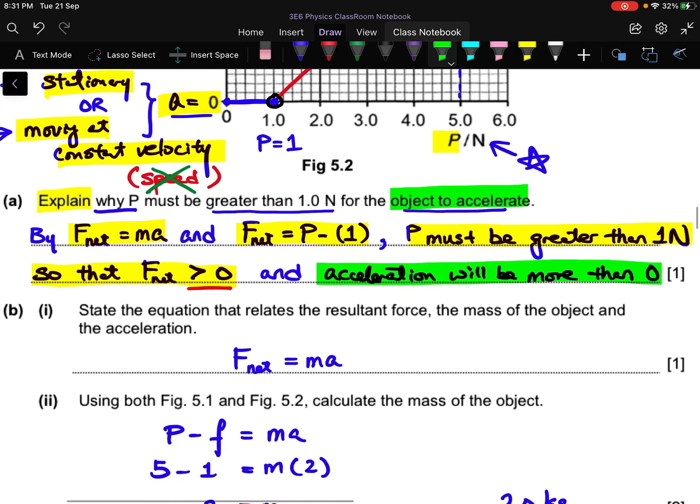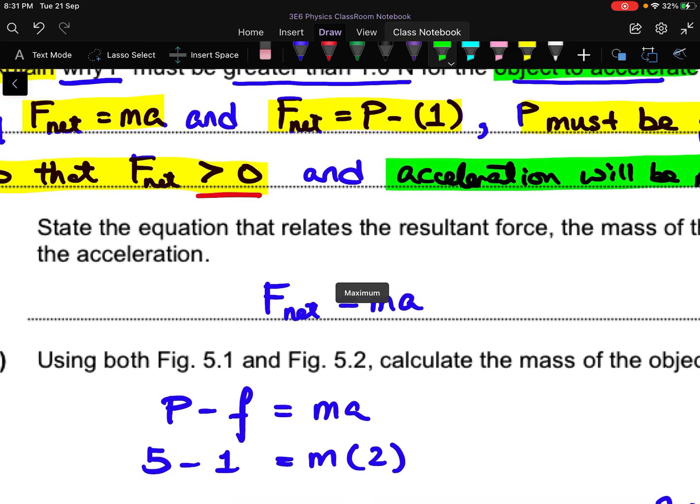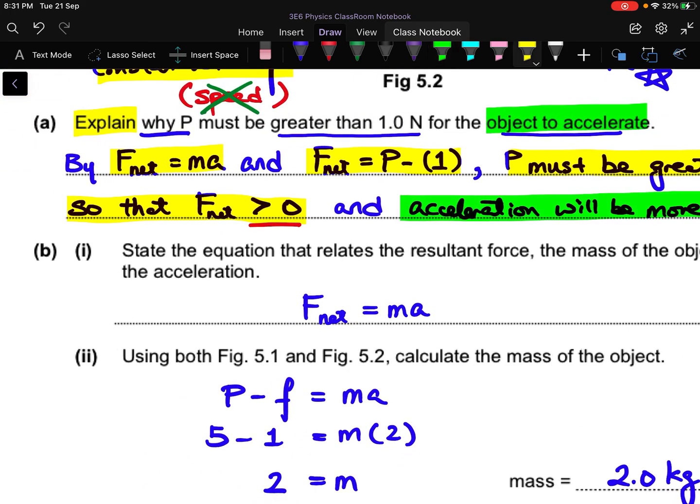Then for B part 1, you are asked to state just the formula. That's why I say the 2020 paper is really about recall. So be very careful. Newton's second law is not F equals to ma. Your textbook or many revision books will give you F equals to ma. No. Okay, F is a general placeholder for a force, a general algebra for a force.